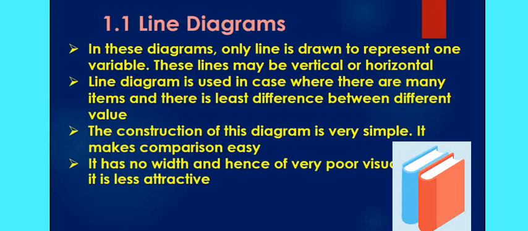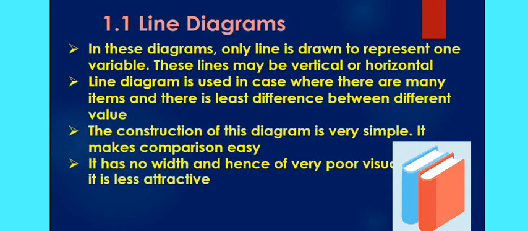The line diagram is used where there are many items and the difference between the values is least. The construction of this diagram is very simple, and it makes comparison easy. If you draw over 5 lines, each line's height is different, so we can easily identify which one is very big and which one is very small. So for comparison, this type of line diagram is widely used.